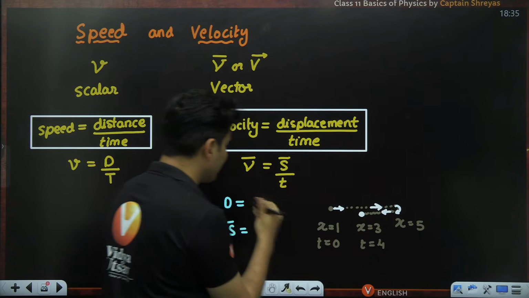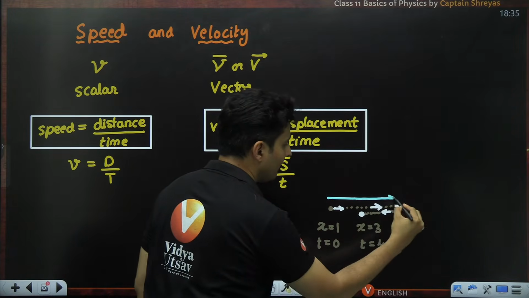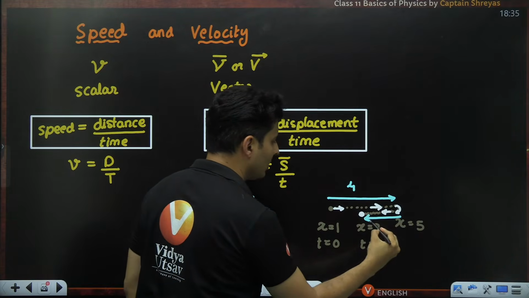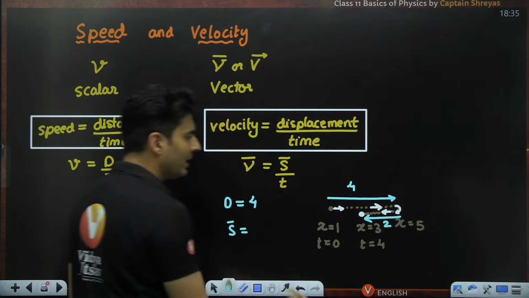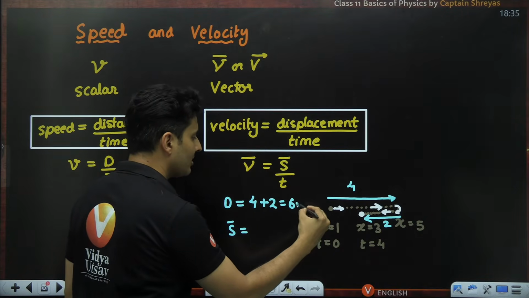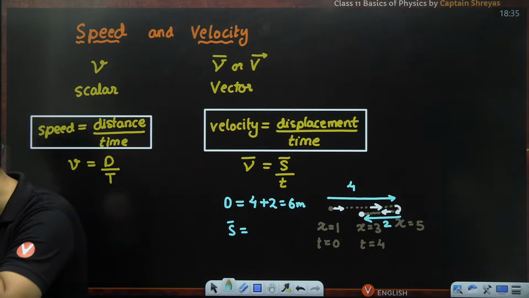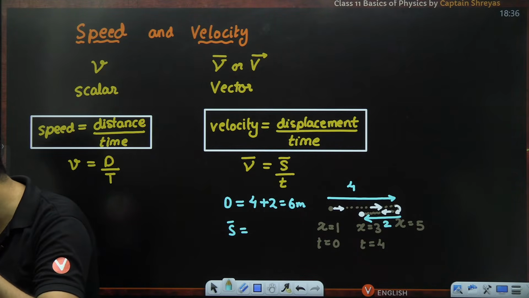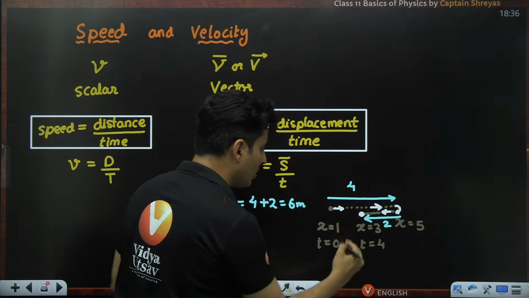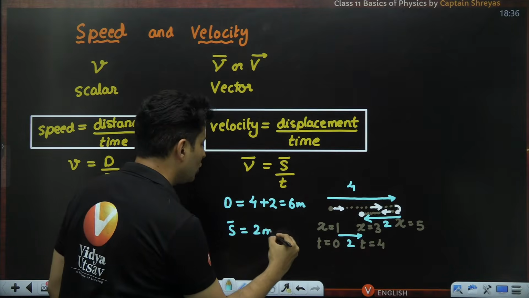So 1 to 5 is 4 meters. And from 5 to 3, that is 2 meters. So 4 plus 2, which is 6 meters distance wise. Right? Everyone? Okay. What about displacement? Displacement from here to here is just barely 2 meters.